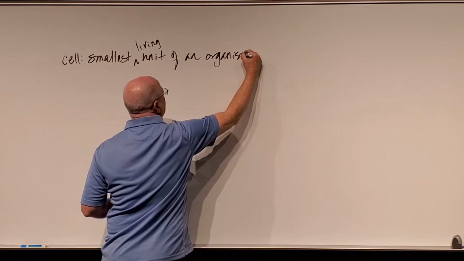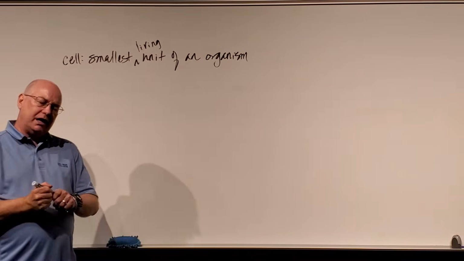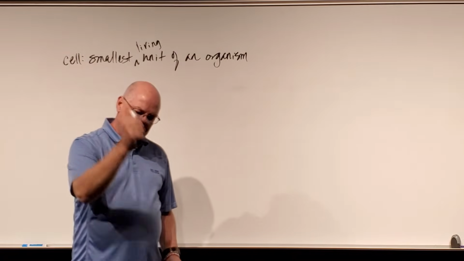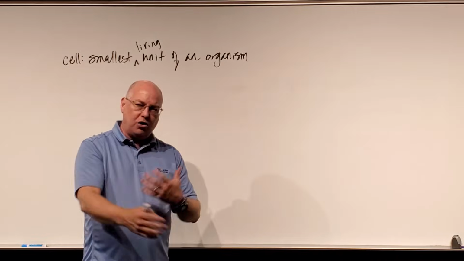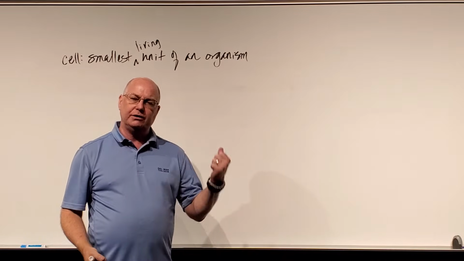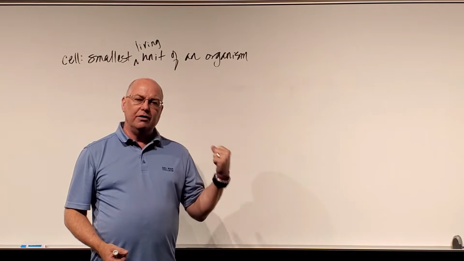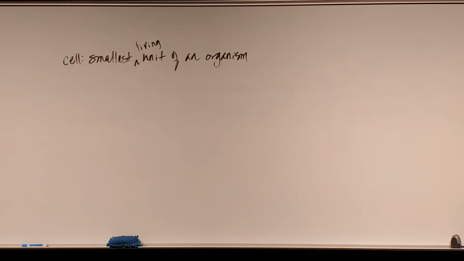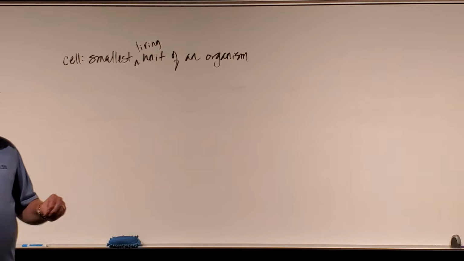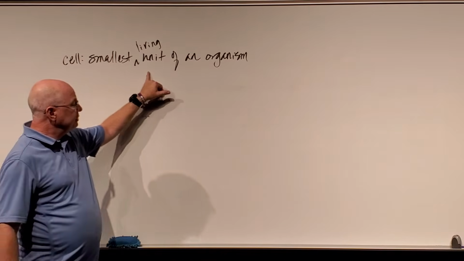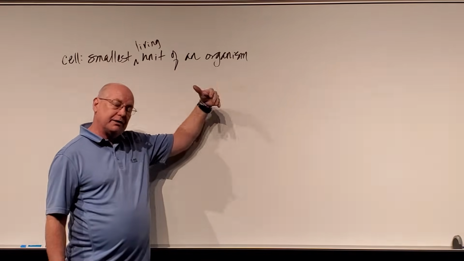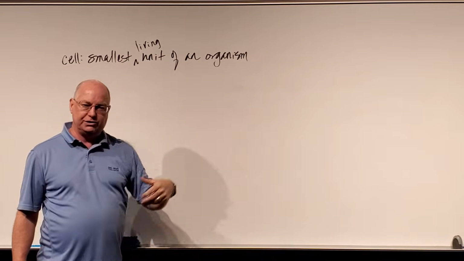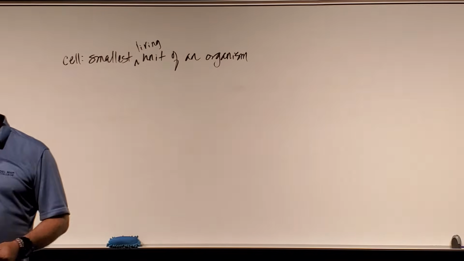And while it might require a lot of difficult technique, we can isolate some cells from an organism, put it in a dish, and they will exhibit all the characteristics, or many of the characteristics that we listed earlier, of a living organism. So, another way to say this is the smallest living unit of an organism that can perform all of the life processes, okay? It exhibits the characteristics of life.